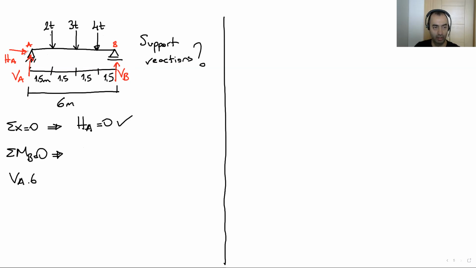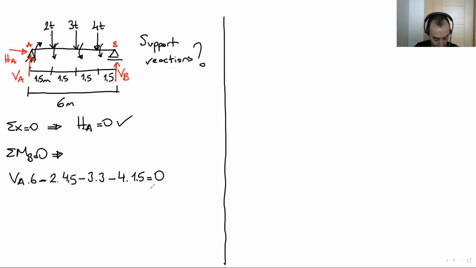The vertical A rotates the system in this direction. Okay, minus 2 times 4.5. Then here again, negative direction, 3 times 3 meter, and negative direction again, 4 times 1.5 meter equals 0.